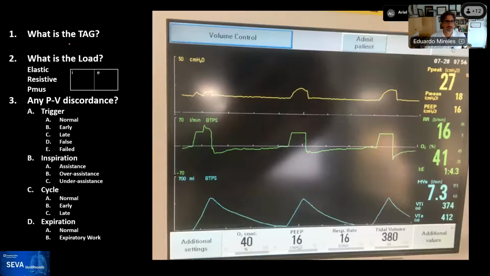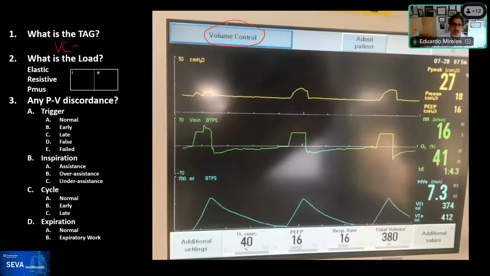All righty. So we're starting to see some items. So at least the tag to start, you can see the mode here, and it says volume control. And this would be one of those in which you may fall into a little bit of concern.